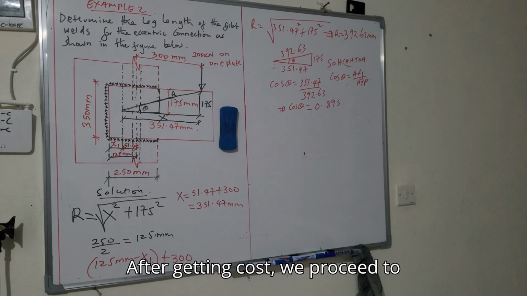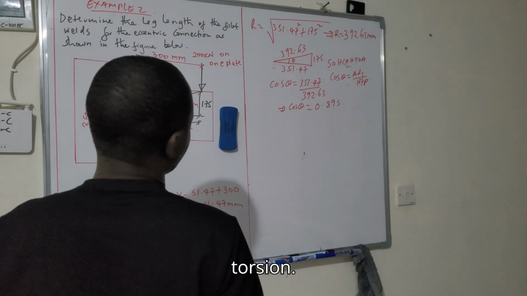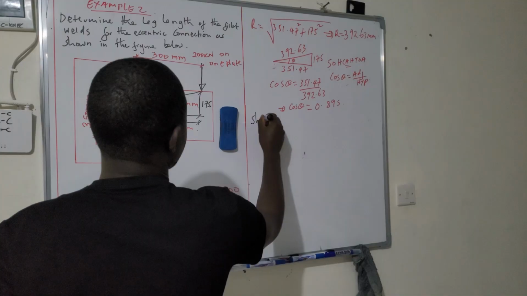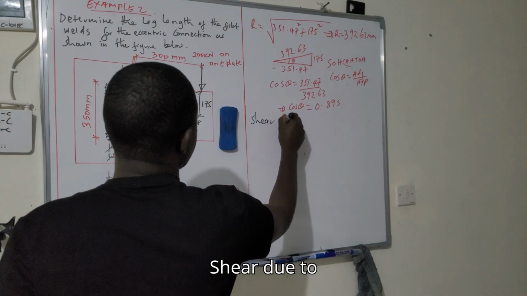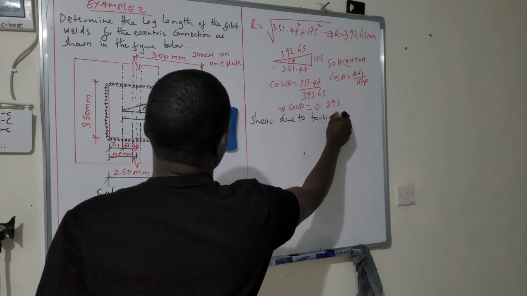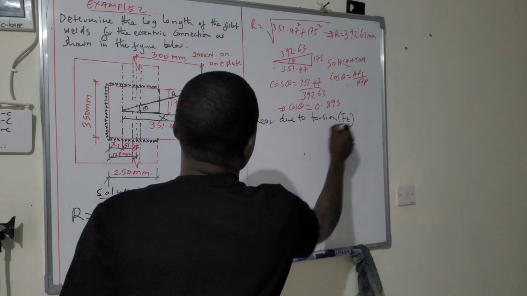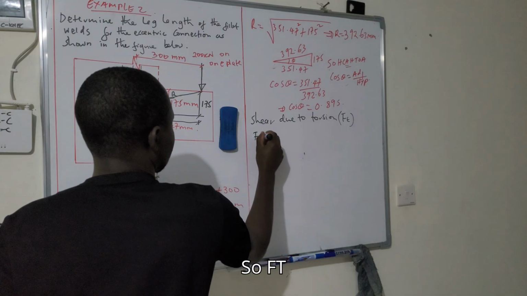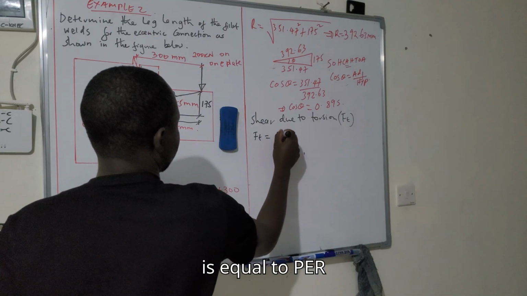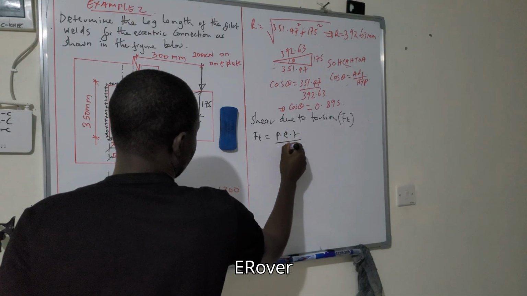After getting cos, we proceed to shear due to torsion. Shear due to torsion, which is equal to, so Ft is equal to PER over IP.